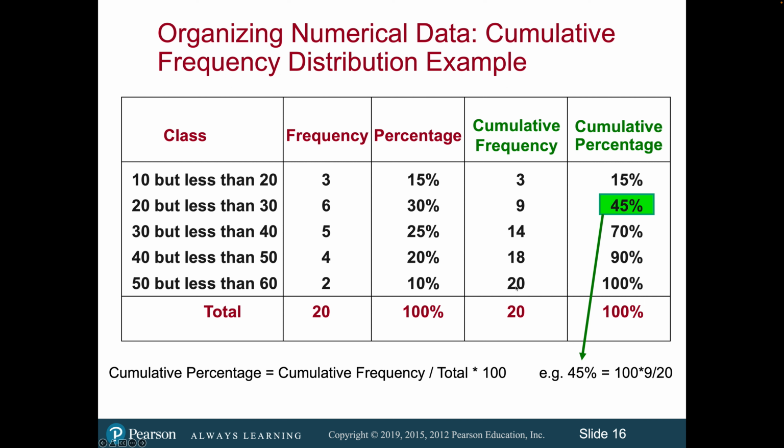As we add these up, when we get to the end, it will equal our total frequency. To find the cumulative percentage, take the cumulative frequency divided by the total. So 3 divided by 20, 9 divided by 20, 14 divided by 20, 18 divided by 20, and so on and so forth.